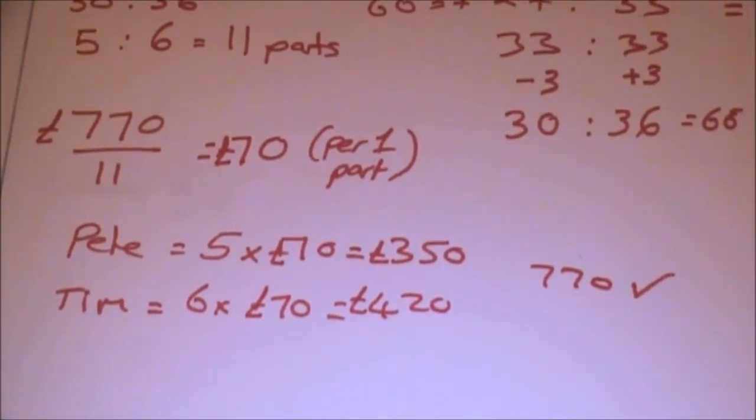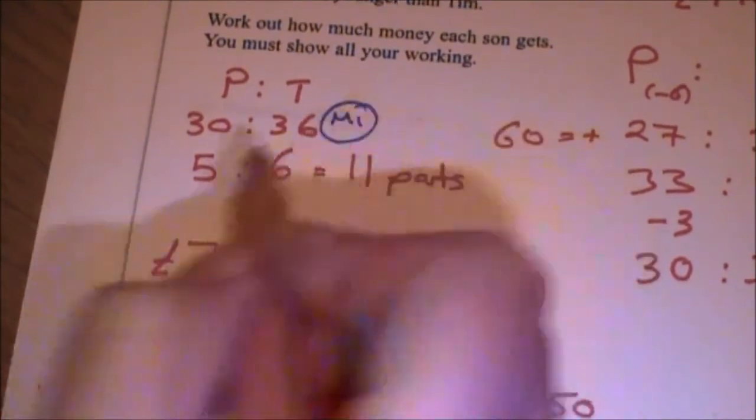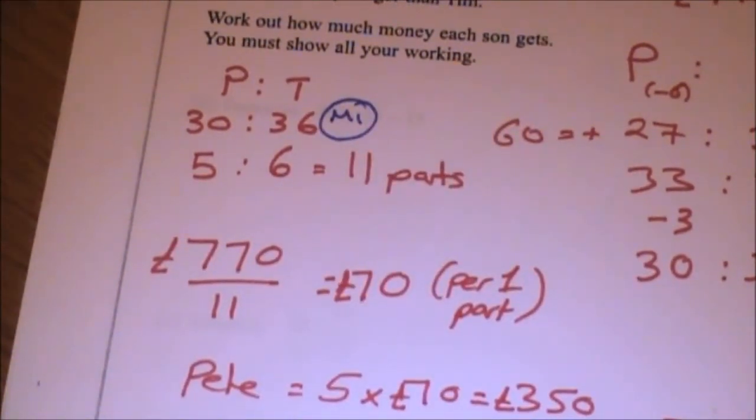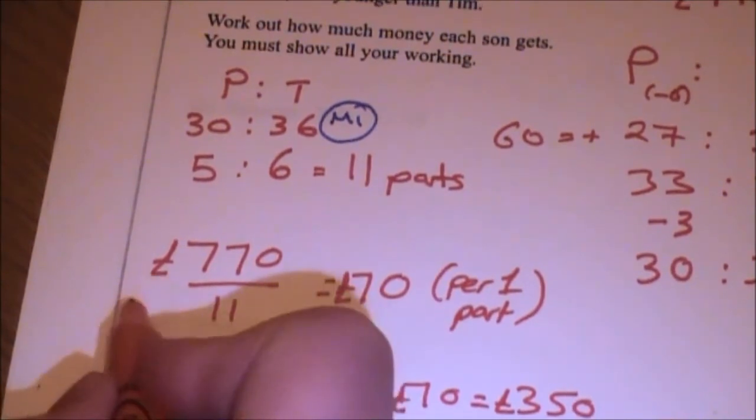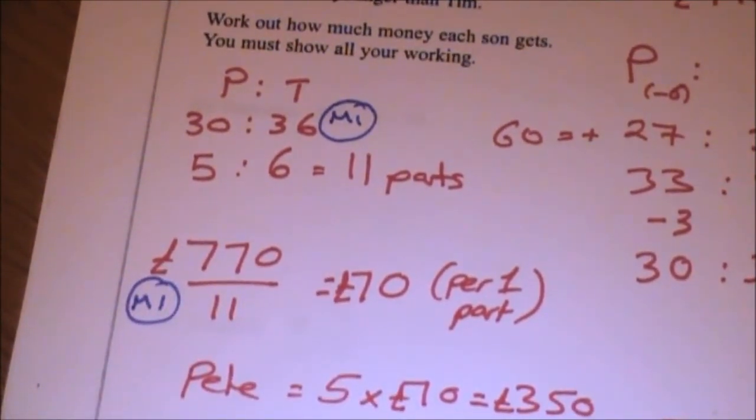With regards to how the marks are allocated, you get 1 mark for stating the ratio as 30 to 36. You get another mark, where would that other mark come from? You get another mark here for doing the division of the ratio.